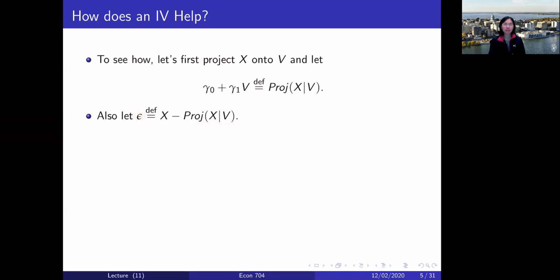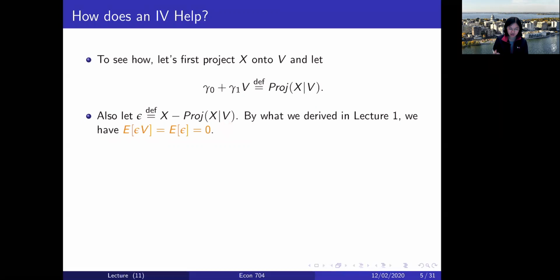From what we have learned about projection in earlier lectures, this projection error is by definition orthogonal to the variable v. So epsilon is orthogonal to v. E epsilon is 0 and E epsilon times v is also 0 by the definition of projection. We learned that in lecture 1 after the midterm exam.